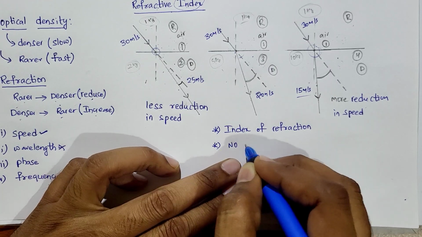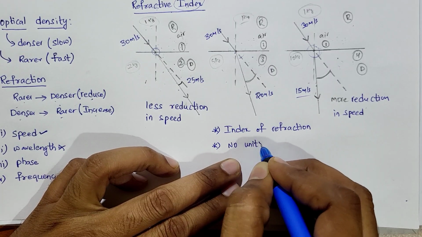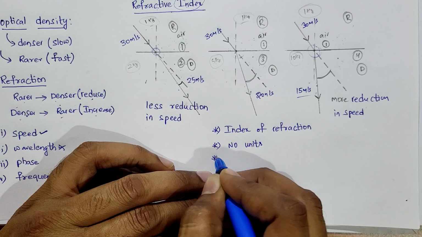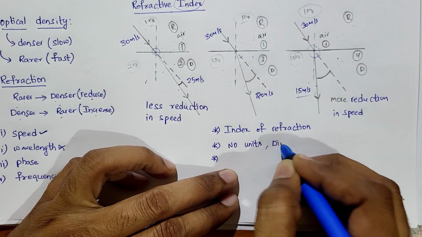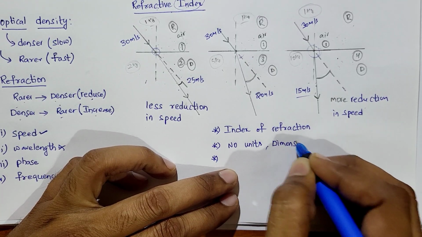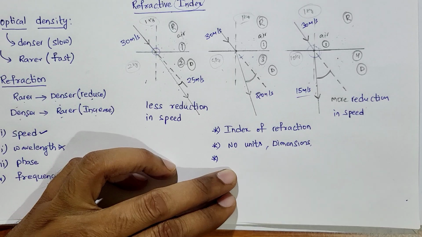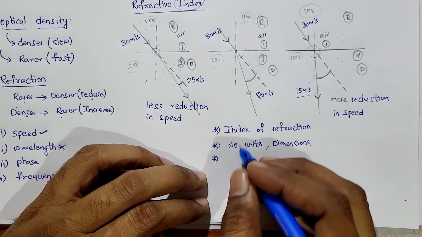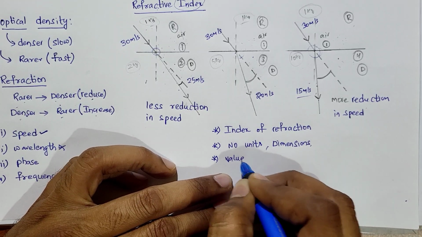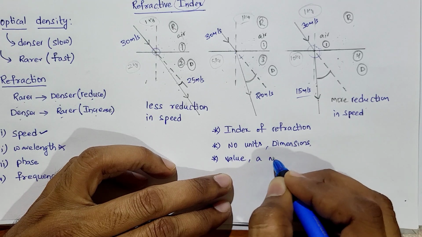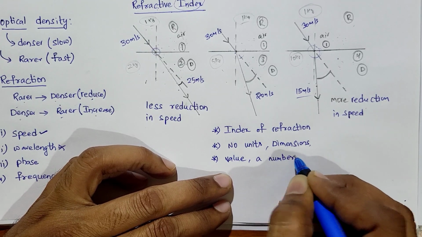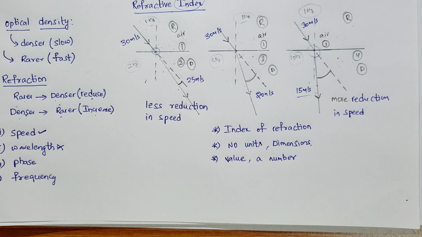Does the refractive index have any units? No, it doesn't have any units, and it doesn't have dimensions also. No units, no dimensions, and it will be a value, means a number. So how are we going to measure this refractive index?